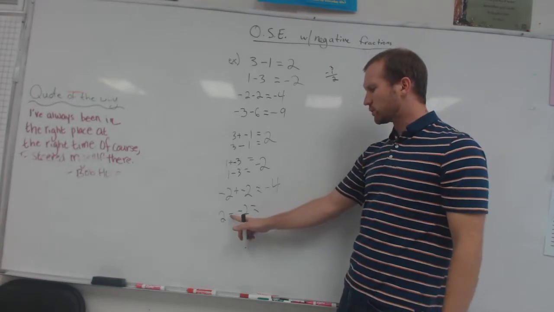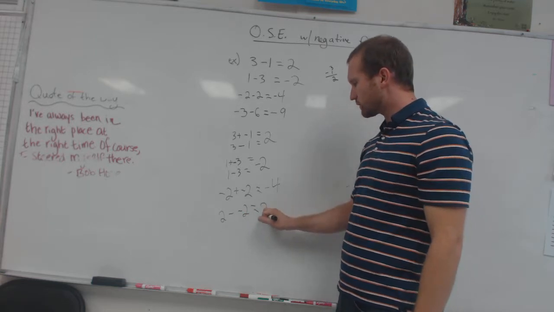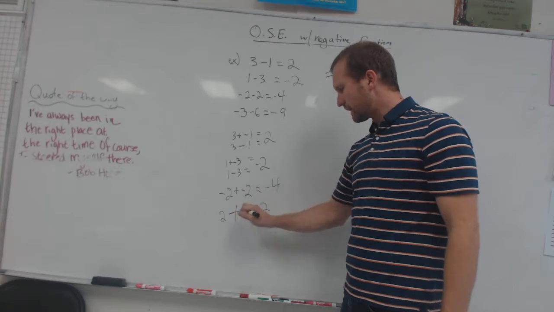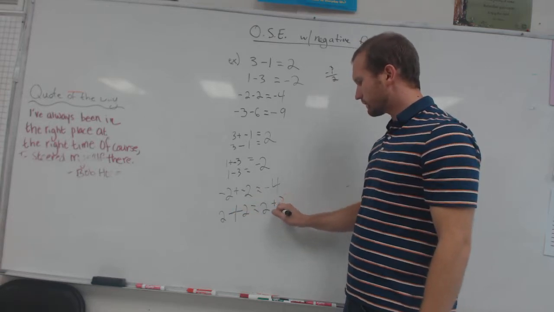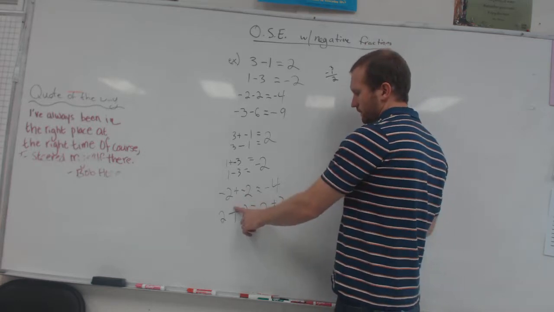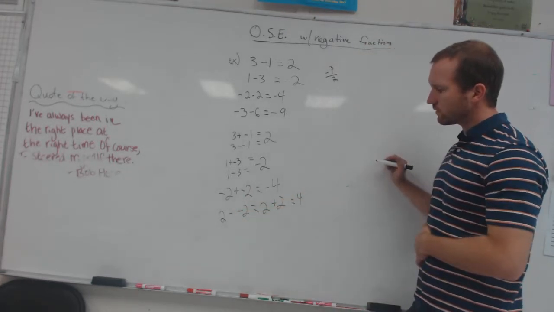What happens here? That actually equals 2 plus 2, which is 4. 2 minus negative 2 equals 2 plus 2.